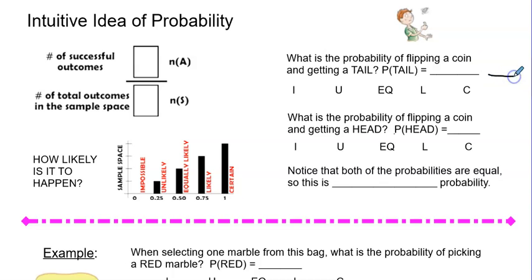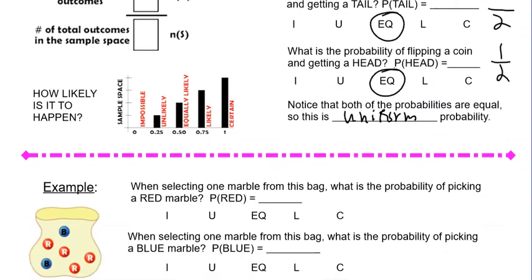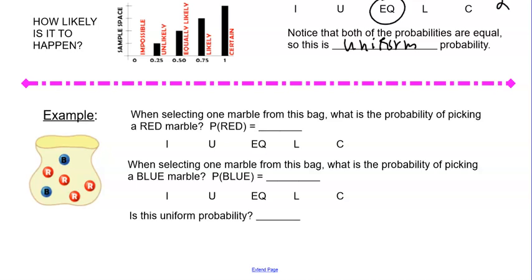Flipping a coin. There's 2 possibilities, heads or tails. Well, you have 1 out of 2 chance of getting a tail. That's equally likely. You also have 1 out of 2 chance of it turning up heads. Equally likely. So that means this is uniform probability. Same chance.